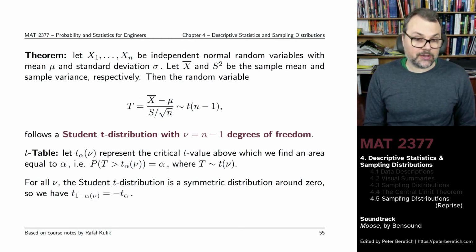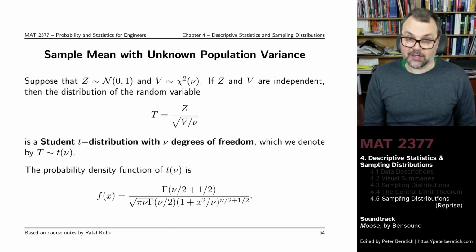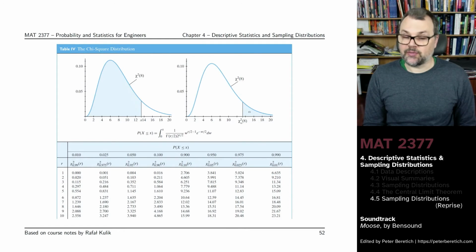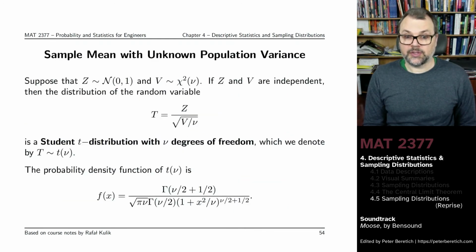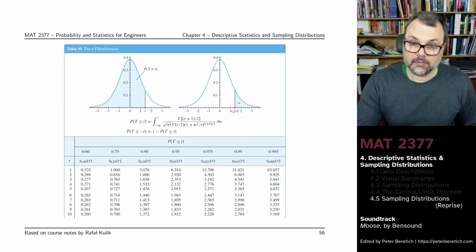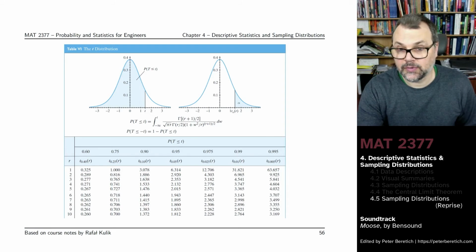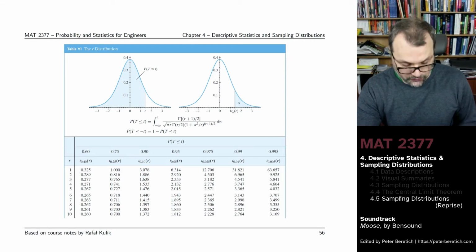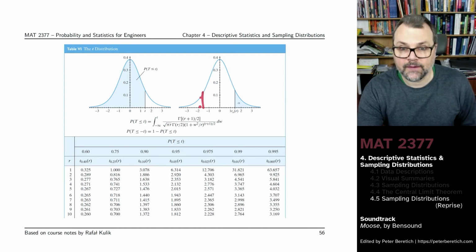One property that the student t distribution has that the other distribution, the chi-squared, didn't have: chi-squared is not symmetrical. It can only take on positive values. But the t distribution is symmetrical. So if you find this point here, the critical value for a t distribution with a certain number of degrees of freedom, let's pretend that this is the right one, this area will have the same value.